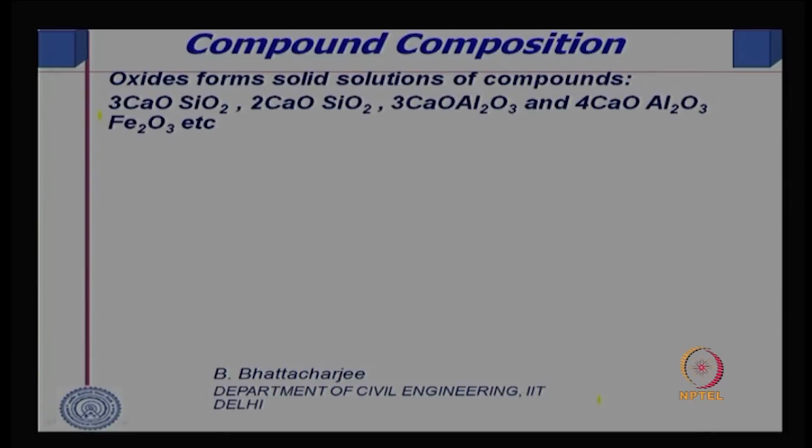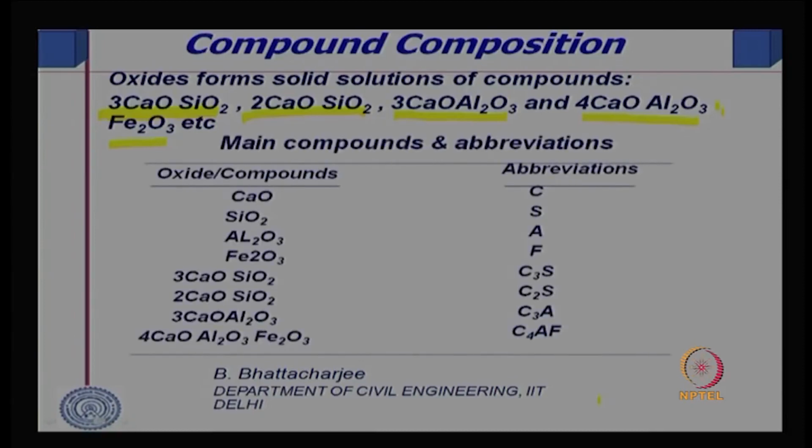They are this compound 3 CaO SiO2, 2 CaO SiO2, 3 CaO Al2O3 and 4 CaO Al2O3 Fe2O3, this combined, this together, etc. These compounds, the names will come to them, but before that, since these are the compounds, and you can see they are complex compounds, actually complex oxides.